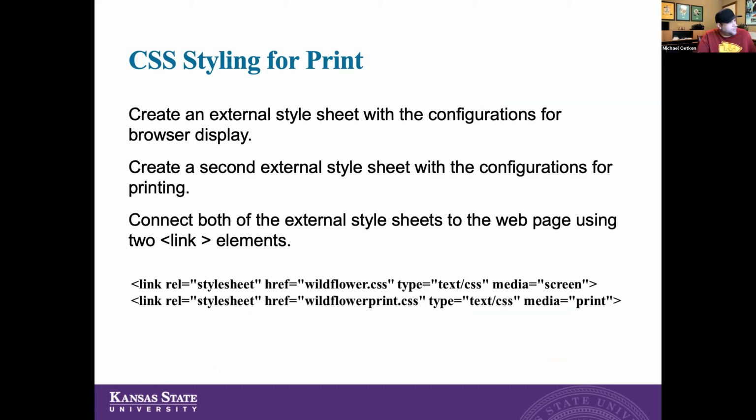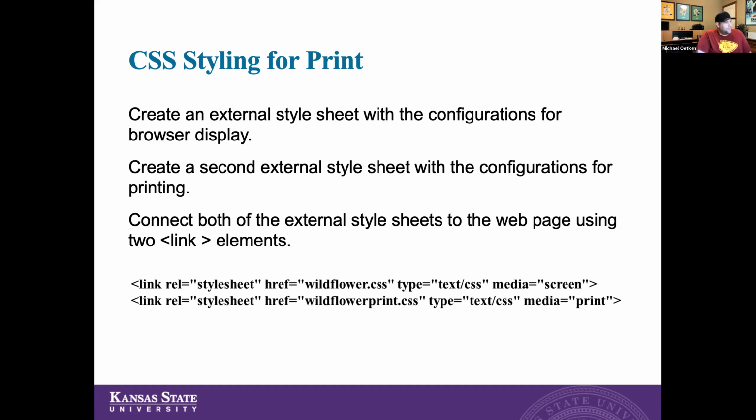So with style sheets, the really cool thing about them is that we can have multiple style sheets for different purposes for our web pages. Okay, so for example, we could have a style sheet that's specifically set for the mobile screens. In this example here, we can have a separate style sheet for the page if somebody wants to print that web page.